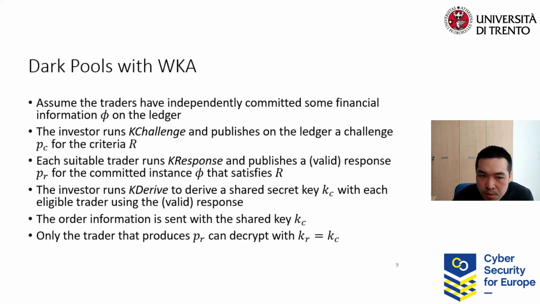To use Witness Key Agreement in dark pools, we assume that the traders have independently committed some financial information file on the ledger. The investor then can run the K-challenge algorithm and publish on the ledger a challenge PC for the criteria R. Then each suitable trader runs K-response and publishes a valid response PR for the committed instance file that satisfies R. Finally, the investor runs K-derive to derive a shared secret key KC with each eligible trader using their valid response.